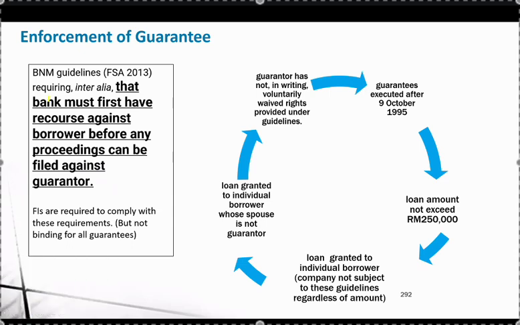Now, the guarantee, the way Bank Negara guideline has, you must go after the borrower first before you go after the guarantor. But take note, for exam question, I'll write this down for you. What is the loan amount not exceeding, for individual loans, individual borrower?